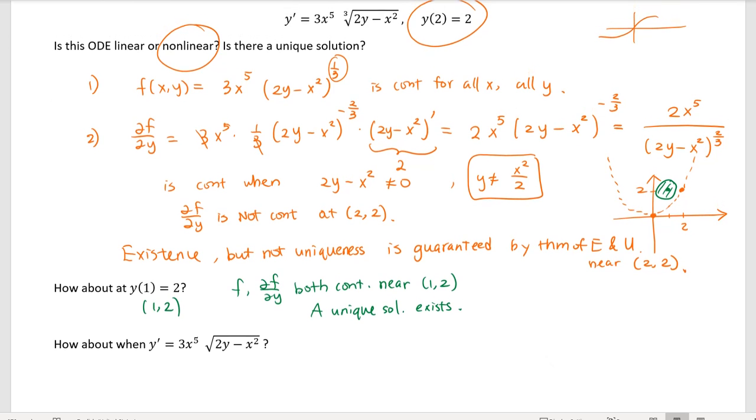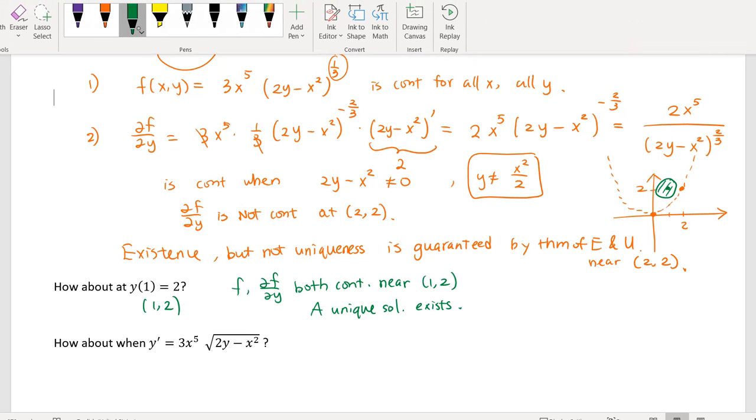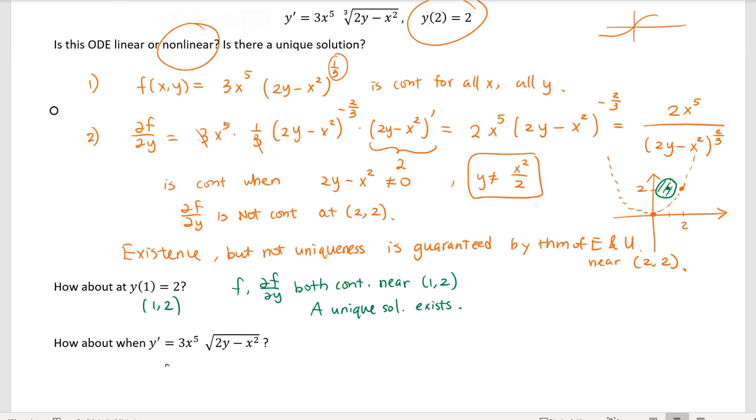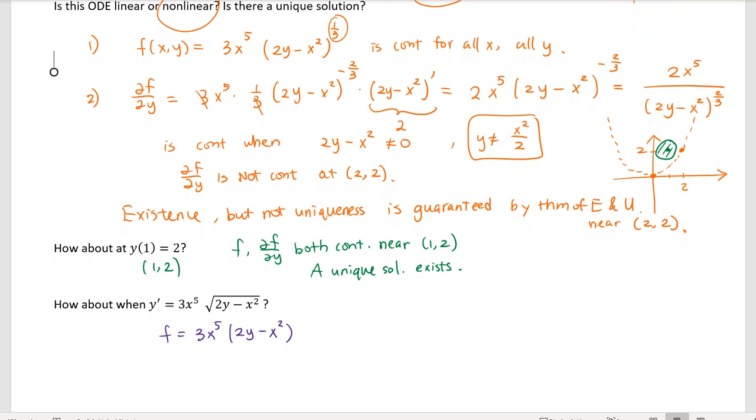Okay, how about the following? Now what is the difference? Now do you see this is a square root? So this square root, now let me use a different color. So f is 3x to the 5th times 2y minus x squared, to the square root.